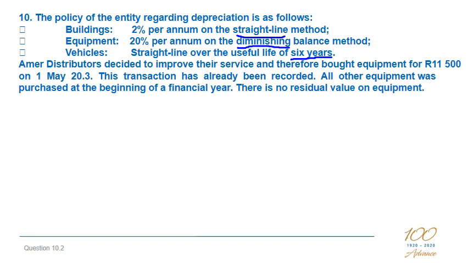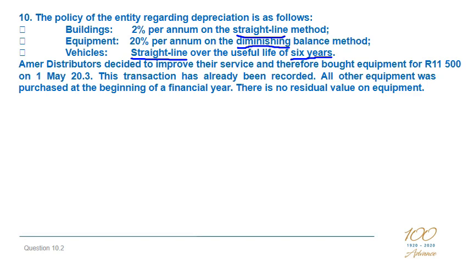So instead of taking cost minus residual times the percentage, we're just going to take the depreciable amount, which is cost minus residual, and divide it by 6 because we want the same amount, straight line, for every useful life year.